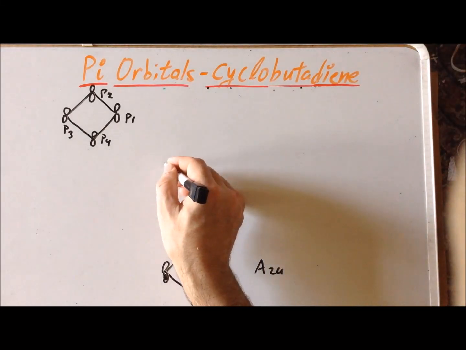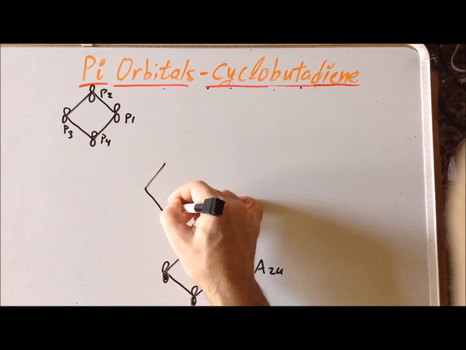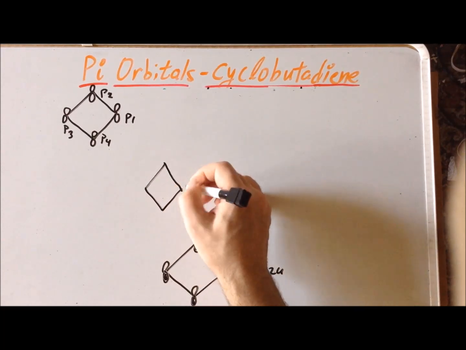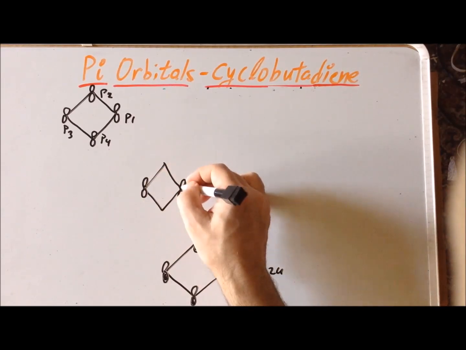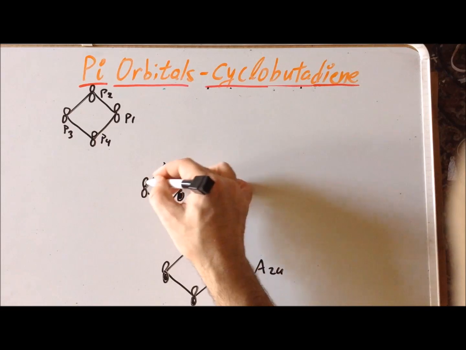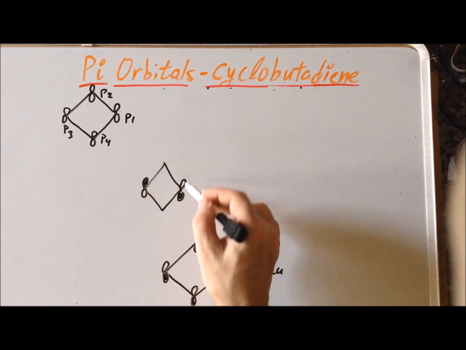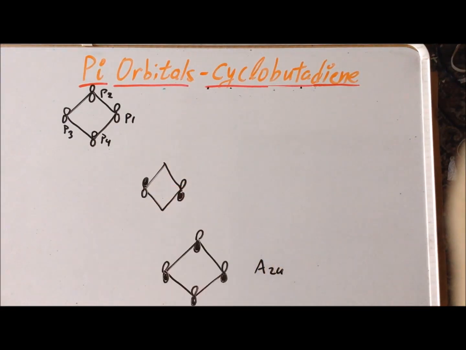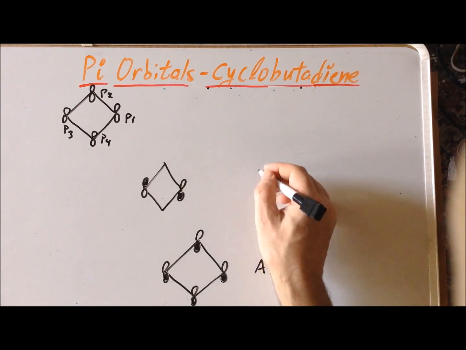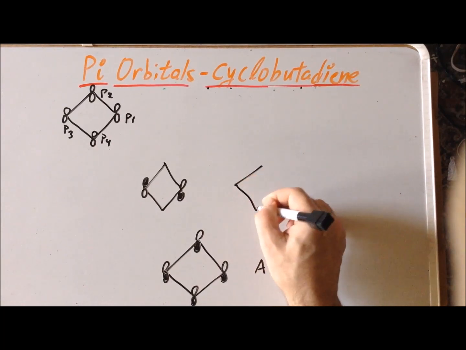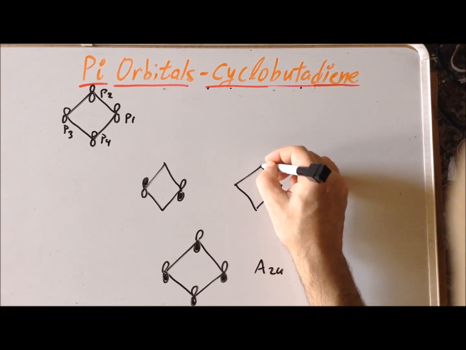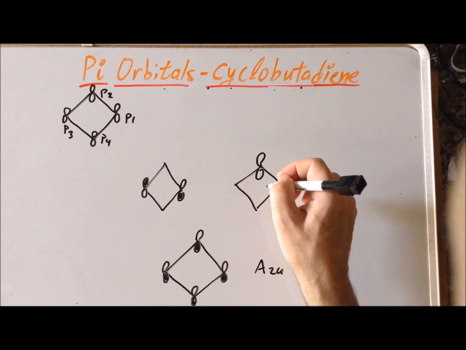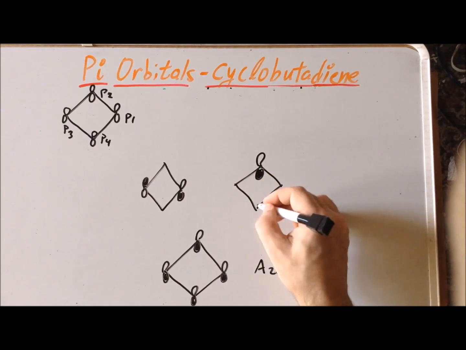Next we get the EG combination. So we have P1 minus P3. Since they have opposite signs, it tells us that they are out of phase with each other. So we have positive phase for P1, negative phase for P3. Similarly, for the other member of the pair, we have P2 minus P4.